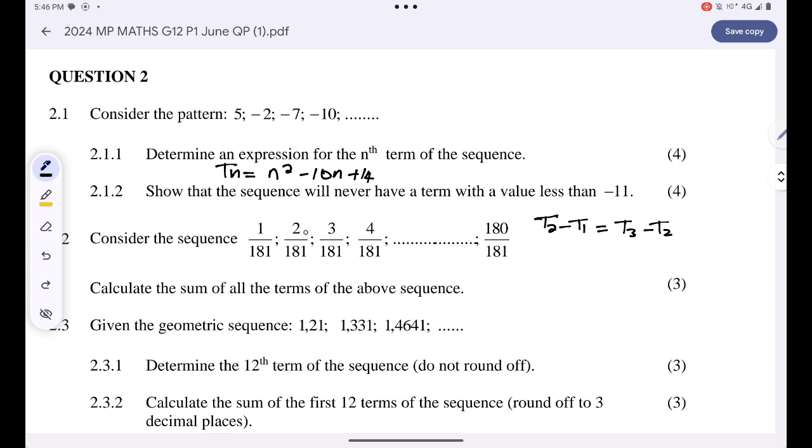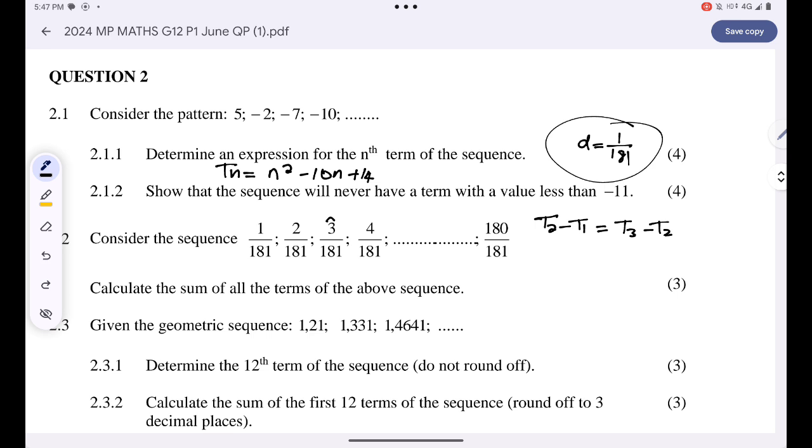If I take 2 over 181 minus 1 over 181, I'll find my common difference to be 1 over 181. If I say 3 over 181 minus 2 over 181, the difference is still 1 over 181. 4 over 181 minus 3 over 181, the difference is still 1 over 181.